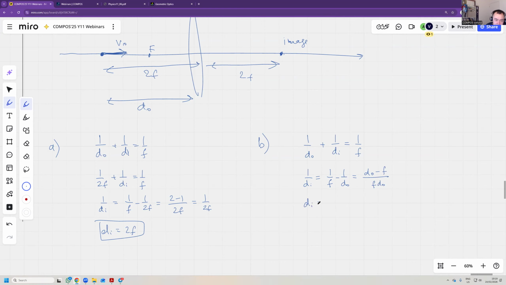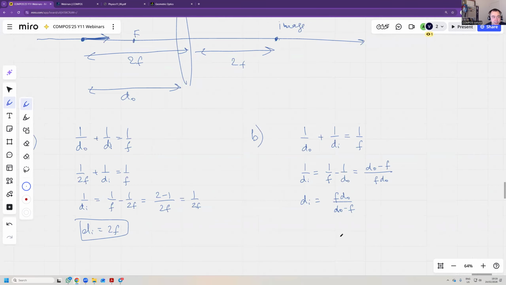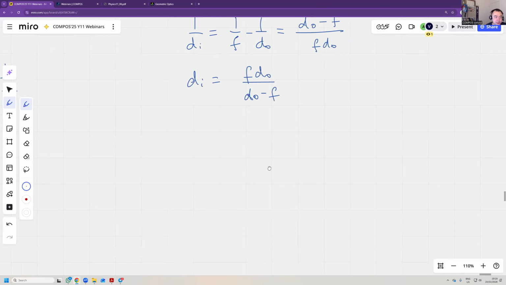So di is f d0 divided by d0 minus f. That's the distance to the image.